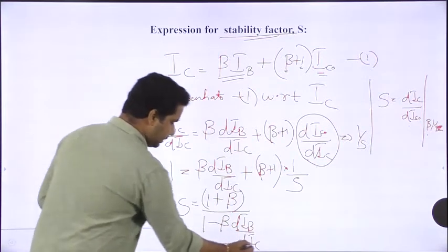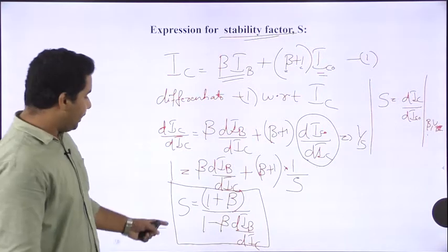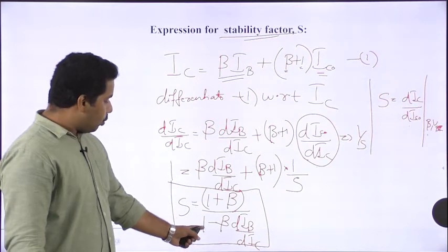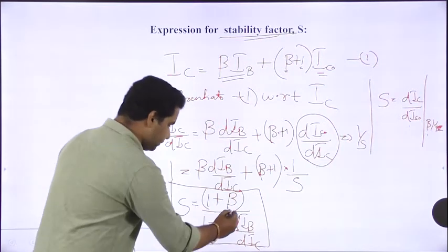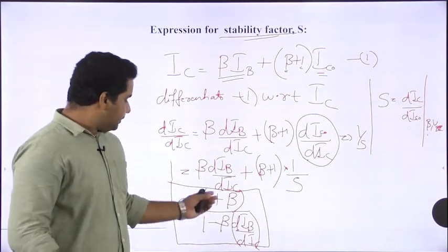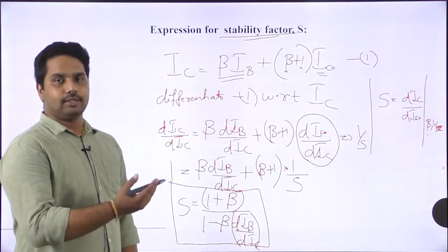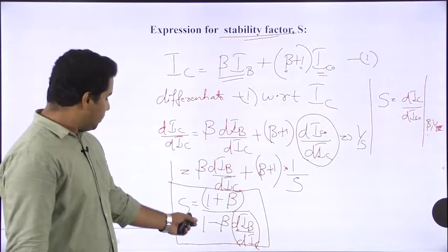So this is the general expression for the stability factor: S equals (1 plus beta) divided by (1 minus beta dIB/dIC). And this is very, very important. This general expression we are going to use to analyze how much stability the biasing circuits achieve.